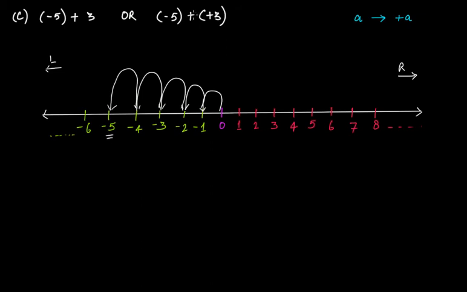Now you have to add a positive number. Since this is a positive number, you will move towards the right, so you move towards the right and take 3 jumps because it is plus 3. So from here you landed at this position. This is first position, this is second position, this is third position, and you land at minus 2. Therefore the answer will be minus 2.